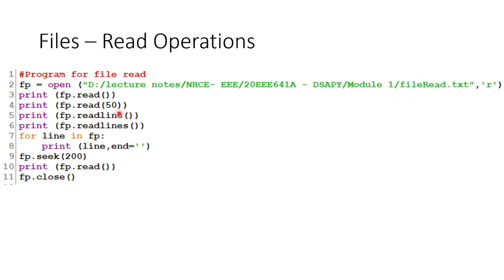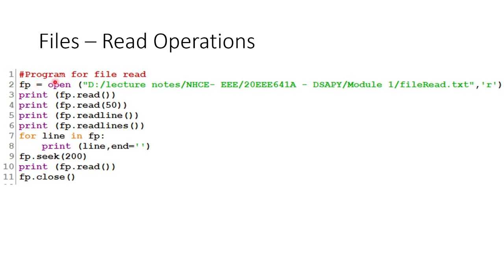Next, here we have FP as an object. It will create an object for the file that we have opened, a kind of buffer. Whatever work we do is done with the help of this object called FP, the file pointer.